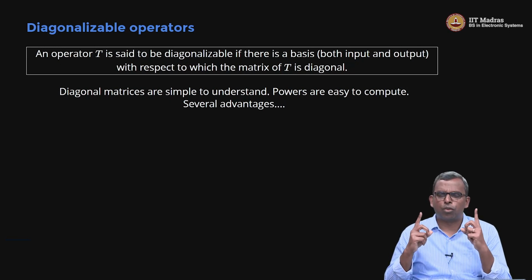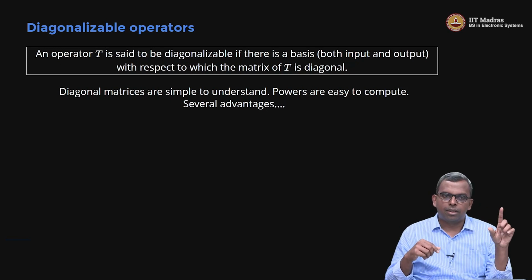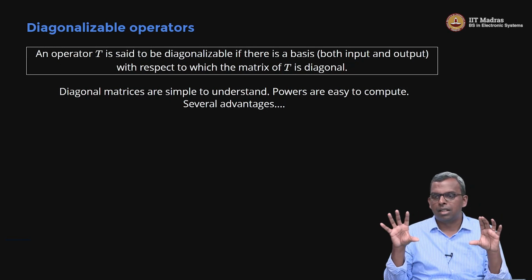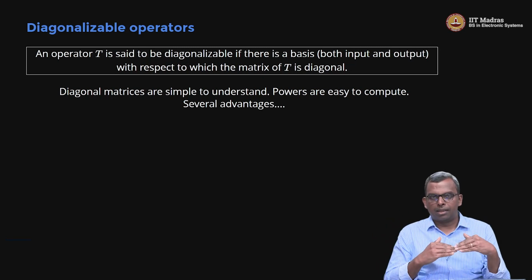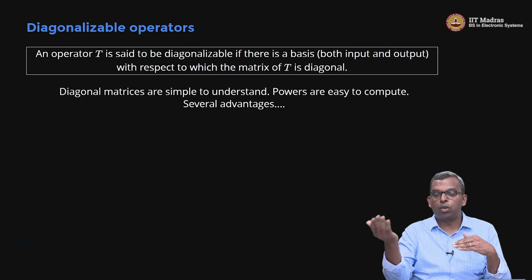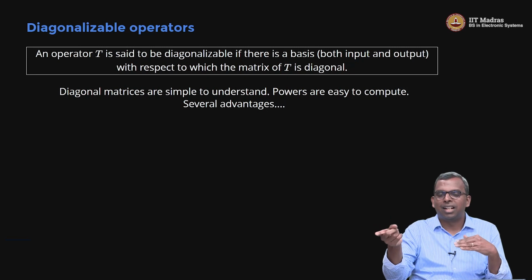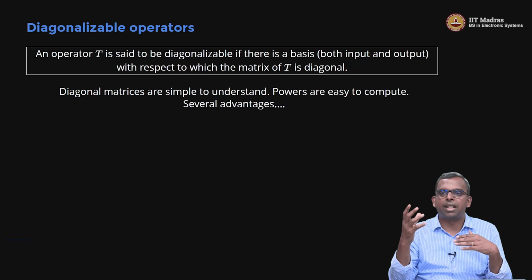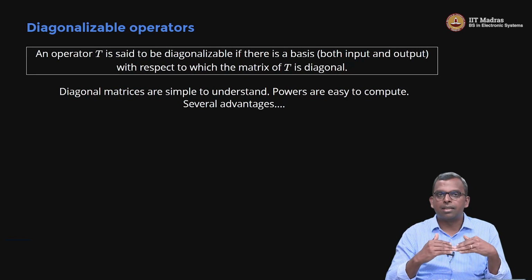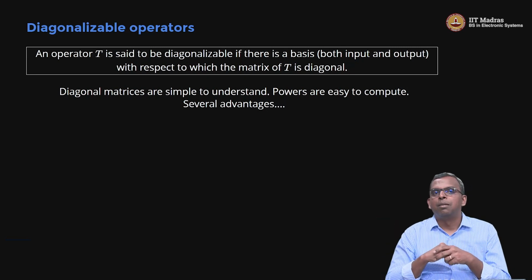Think about this very carefully, right? When I define an operator, traditionally we associate it with a canonical basis representation. It may be non-diagonal, okay, but then I go to another basis. With respect to that basis, I can find a new matrix, which represents the same operator, right? I'll give you specific examples of how to do all this later on, but that's the idea. So, with respect to some other basis, you may get a diagonal matrix.